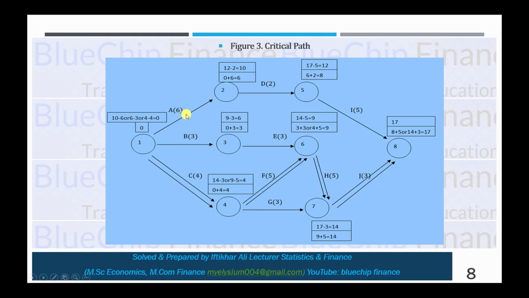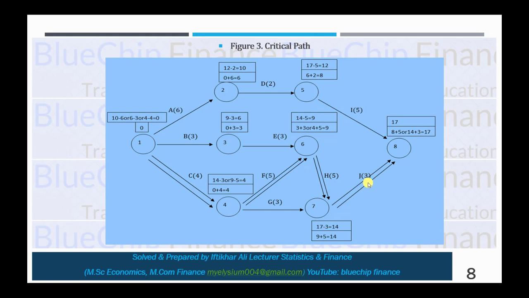For example, if we observe the first path, then 6 plus 2, 8, 8 plus 5, 13. In the first path, you take 13 weeks to complete this project. In the second possibility, if you follow this path, then 3, 3 plus 3, 6, 6 plus 5, 11, 11 plus 3, 14.